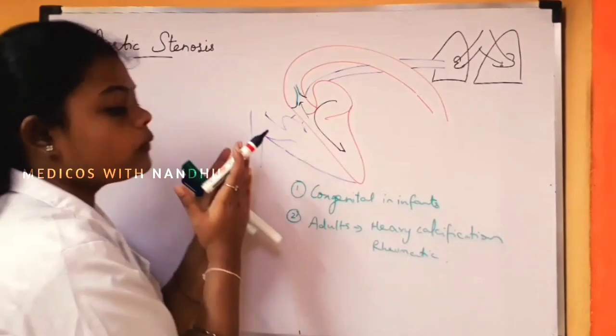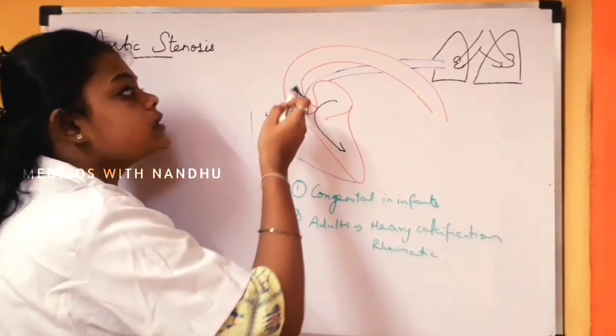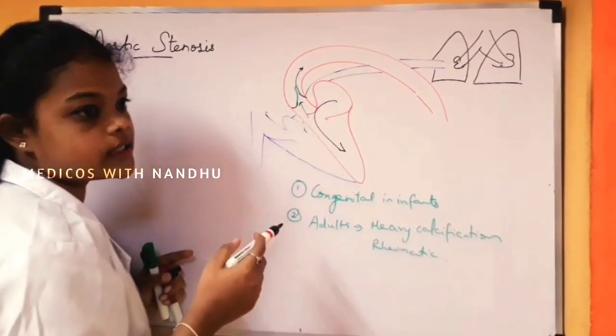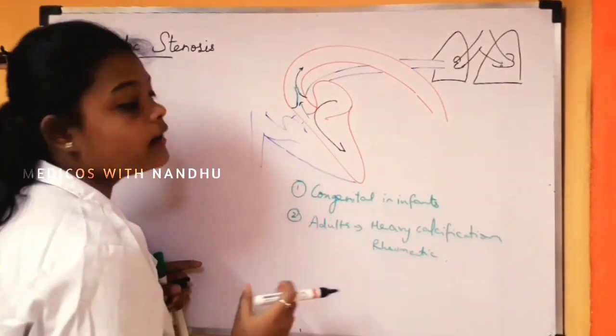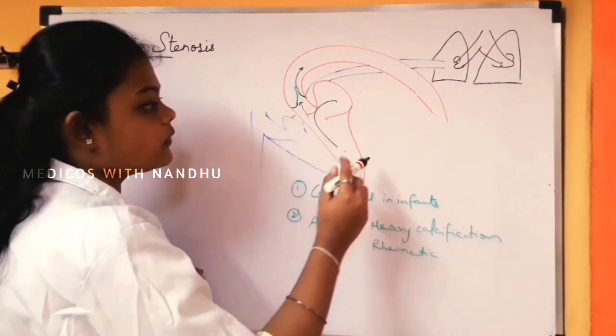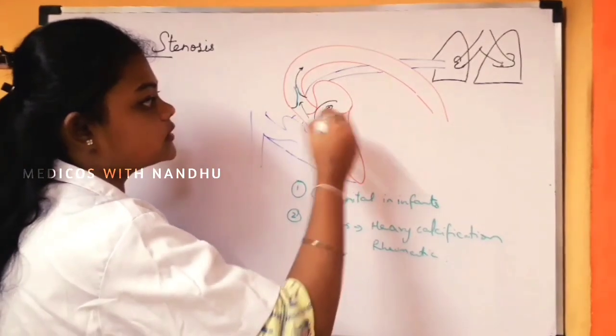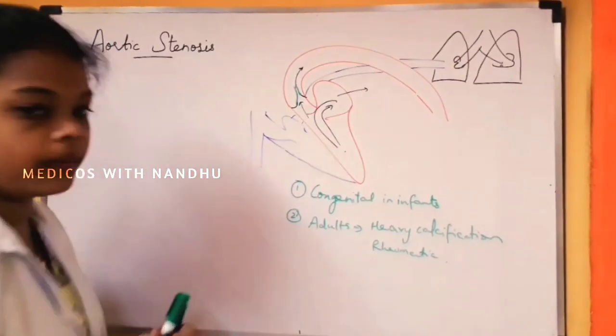Hence the blood will not flow in a sufficient amount. The obstruction causes blood to stay in the left ventricle. So the blood will be moving backward like this, and then to the lungs through the pulmonary veins.